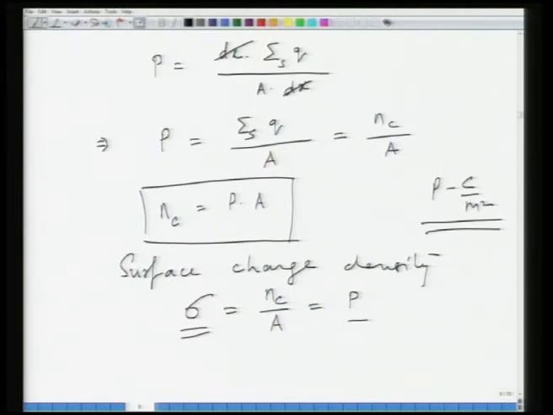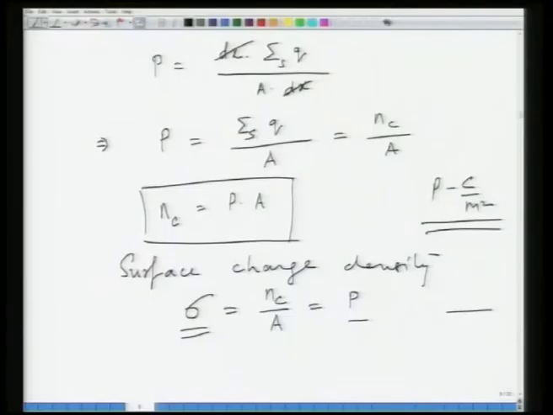The polarization that we have defined here is nothing but surface charge density, the charge which is within that particular area of the surface. Now, we are taking sigma to be equal to P, assuming that sigma and P are in the same direction. If this is your surface normal, then P is also along this direction.